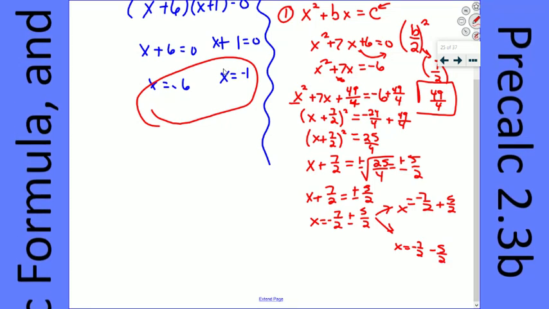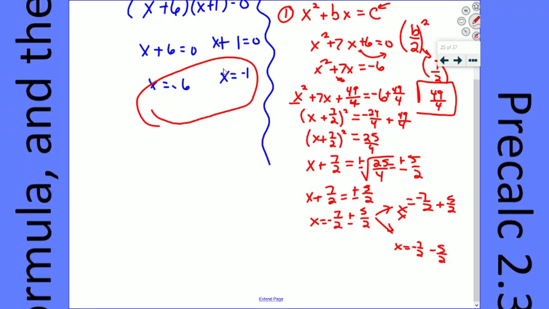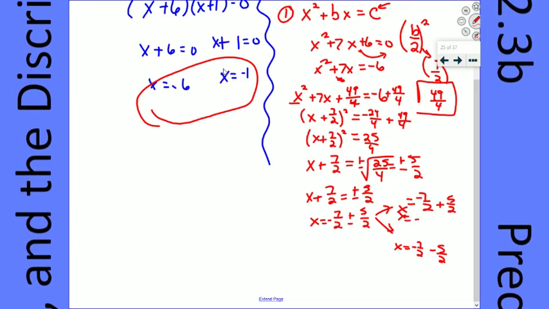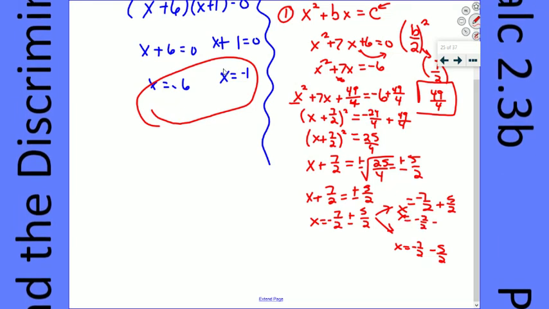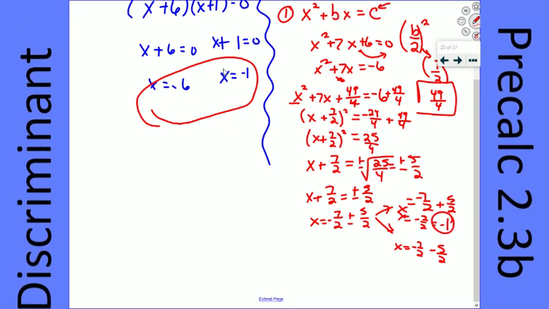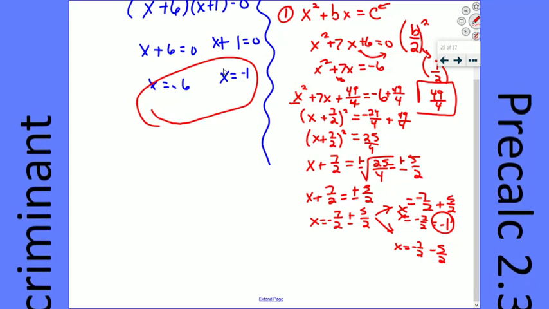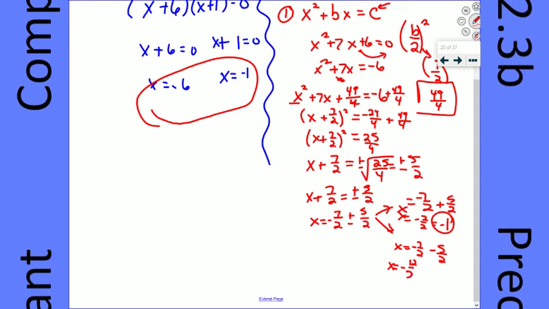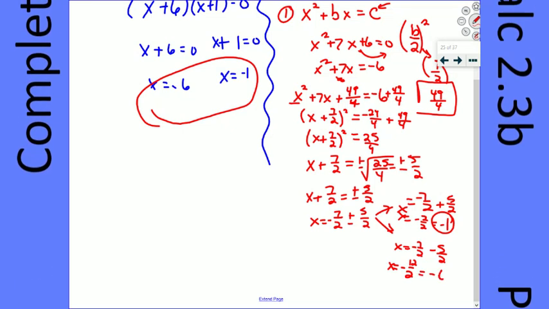Negative 7 over 2 plus 5 over 2 is equal to negative 2 over 2, which is the same thing as negative 1. So x equals negative 1, and x equals negative 12 over 2, which is negative 6.